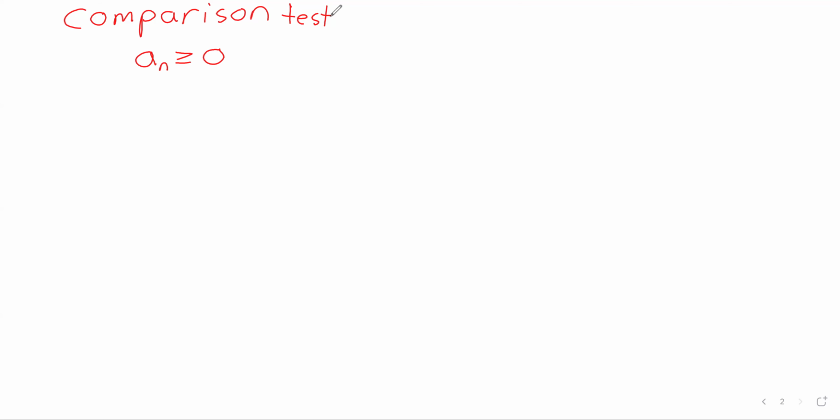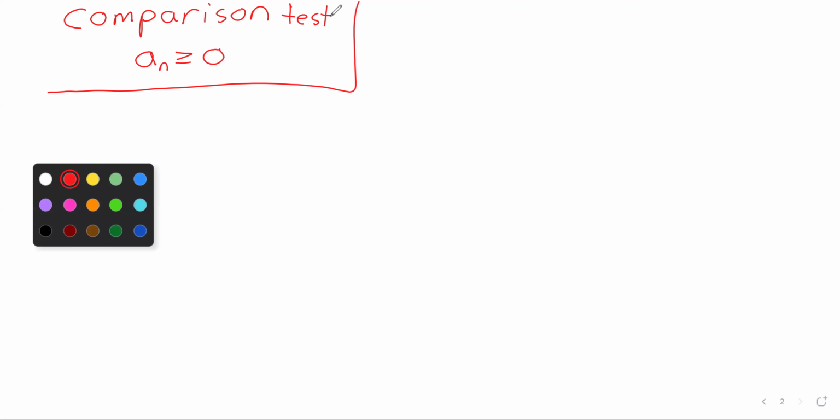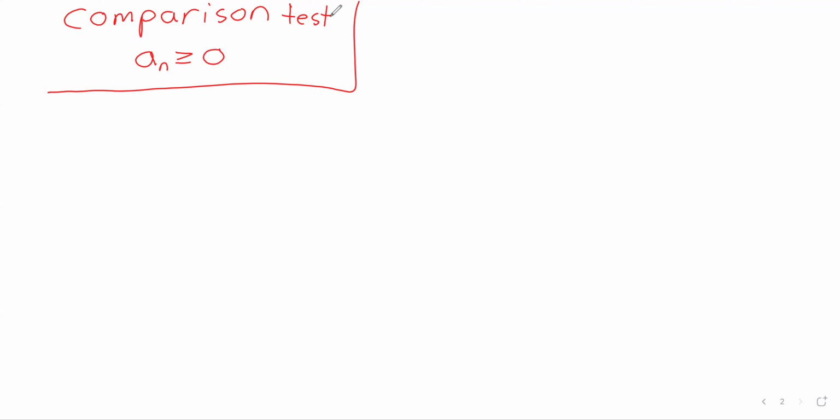Otherwise, we don't have that monotonicity condition. We don't need to be able to integrate anything. The comparison test has some pros and cons, which I can put on the board, but let me first say what the comparison test is.